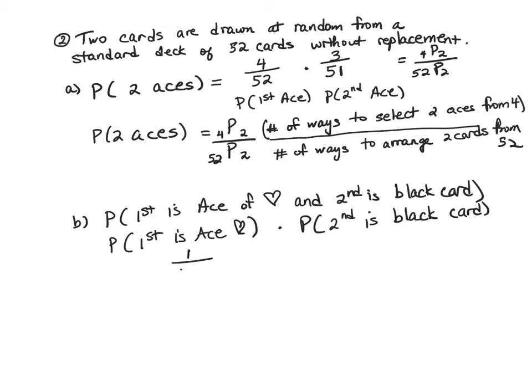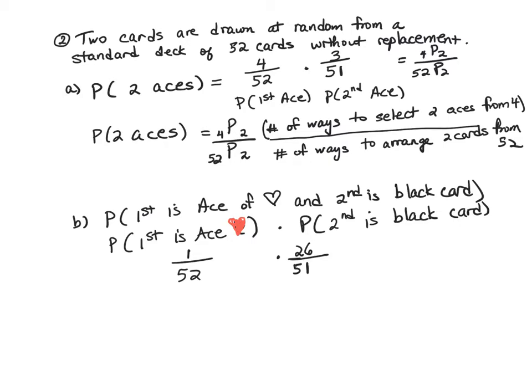There's 1 card out of 52. But black cards, half the deck is black. We've got the spades and the clubs. So that's 26 out of... Now, remember, there are 26 black cards. The ace of hearts is already red, so we didn't affect the black cards, but there's 1 less card in the deck. So let's keep that in mind. That's a little trickier, I think.